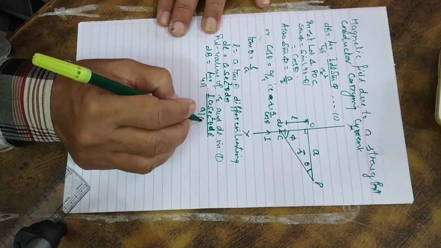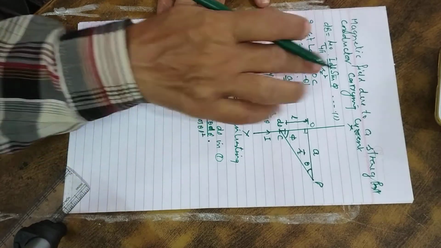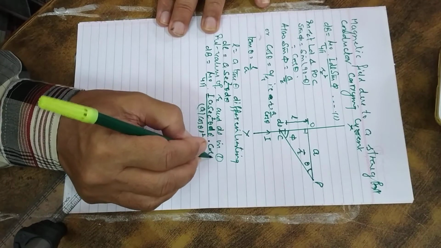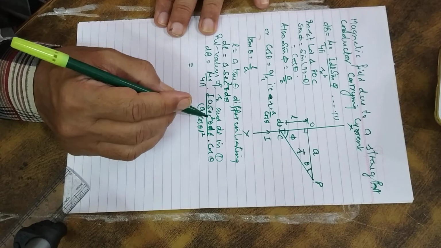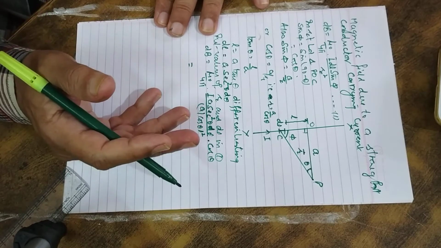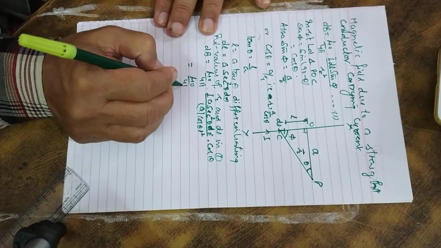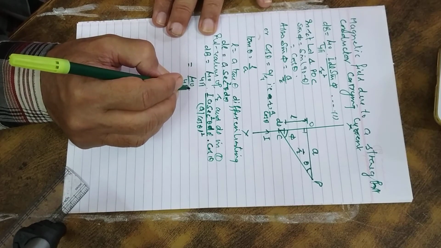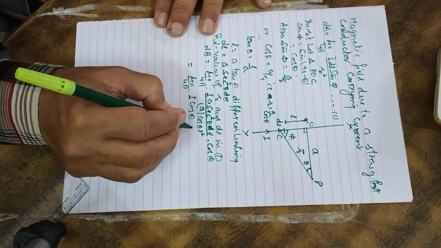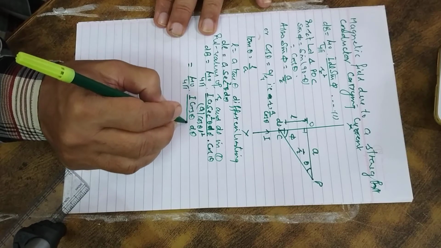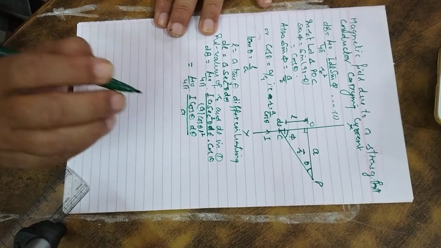R square is A upon cos theta whole square, into sin phi. Sin phi is cos theta. So this simplification gives dB equal to mu0 upon 4 pi, I cos theta d theta upon A.